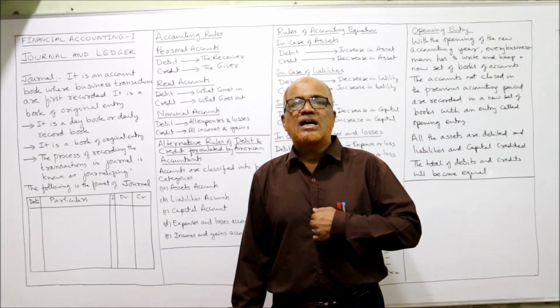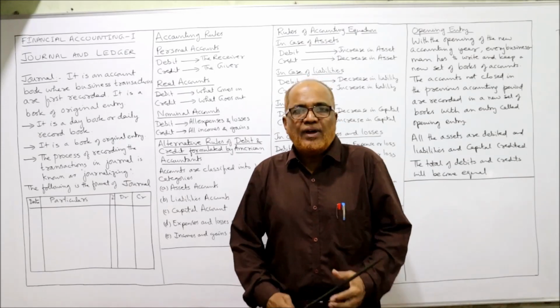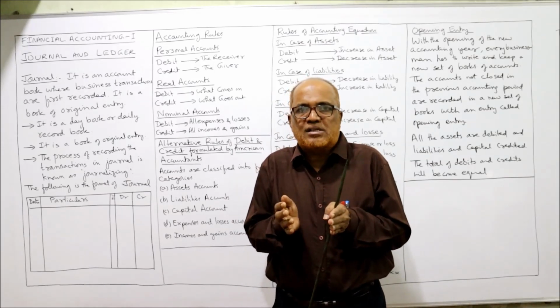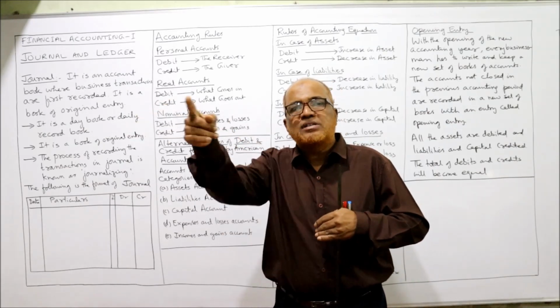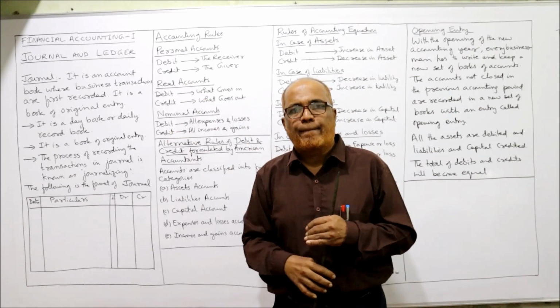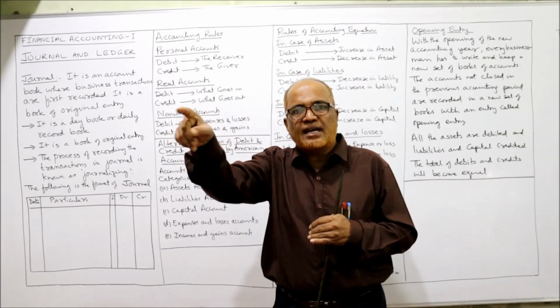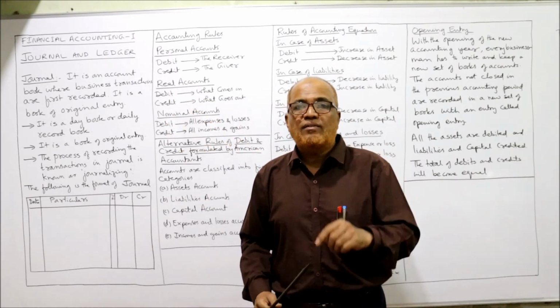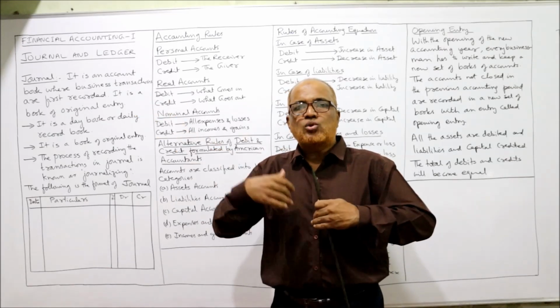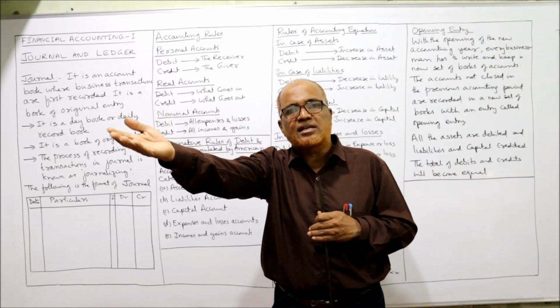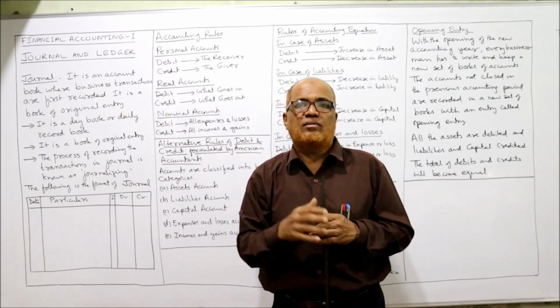Whenever we have a transaction with a person, we have to see, suppose we are having a business and our customer is Mr. X. Now we have to see whether Mr. X is the receiver or giver. If Mr. X is the receiver, we debit the receiver. Suppose we sold goods to Mr. X. So Mr. X is the receiver. Debit the receiver.